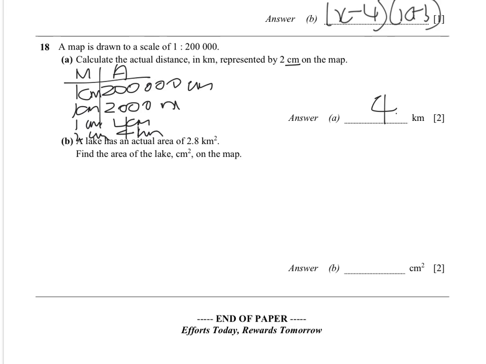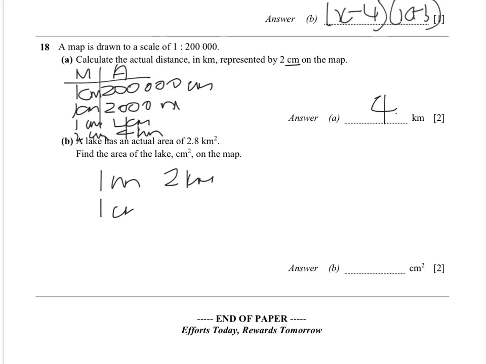Then if a lake has an area of 2.8 km square, what is the area of the lake in cm square? Since 1 cm is 2 kilometers, which we have already determined, we pass the information over to here.